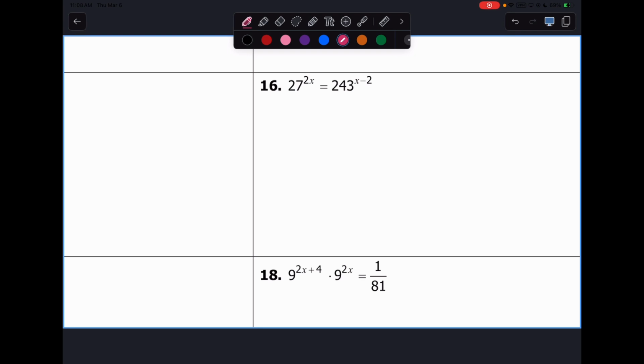3 to what power is 27? 3. 3 to what power is 243? How do we figure that out without having to do 3 to the third power, 3 to the fourth power? Yeah, but what do we use? 27 has a base of 3, yes? It works every time. It's either 27 to some power or 27 has to be placed into a 3 base, right? So let me see.